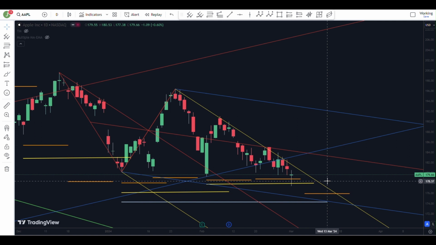The same kind of weakness I've mentioned in many other videos now, where we start to put in higher daily lows and then we break below the prior day's low. That is one thing I'll be looking for.